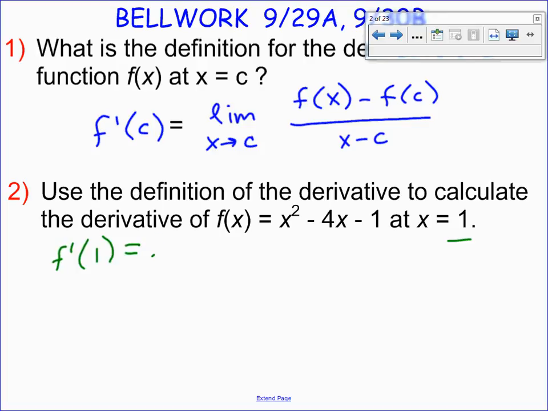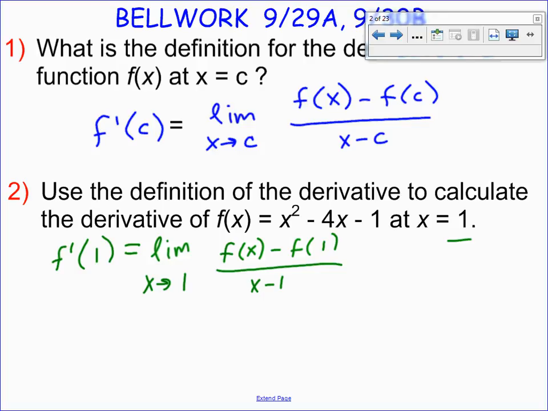That will be given by the limit as x approaches 1 of f of x, minus f of 1, all over x minus 1. Because we have a particular function f of x delineated, we know what f of x is. We can replace that with my algebraic expression, x squared minus 4x minus 1. We can also get the value of my function f at x equals 1, so both of those numerator terms can be replaced.